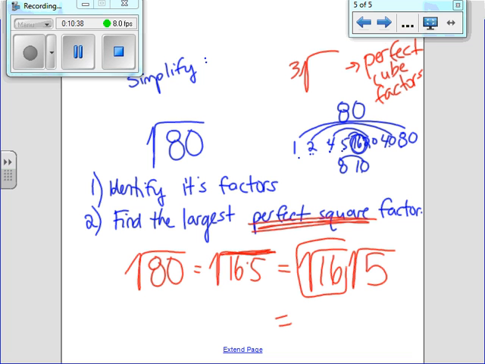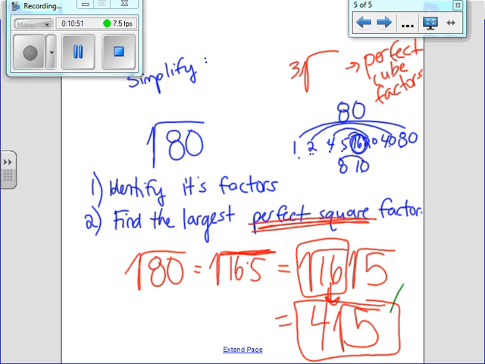Well, root 16 happens to be a nice whole number. Root 5 does not, so I'm going to bring that nice whole number out front, and then this is what's called simplified form. This is now a mixed radical, and I started out with an entire radical.